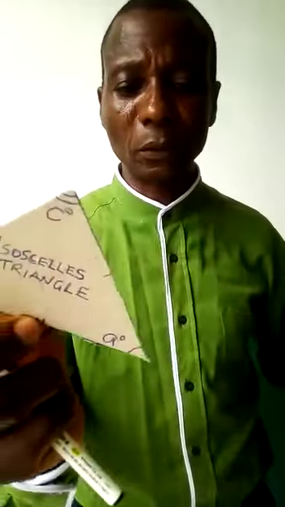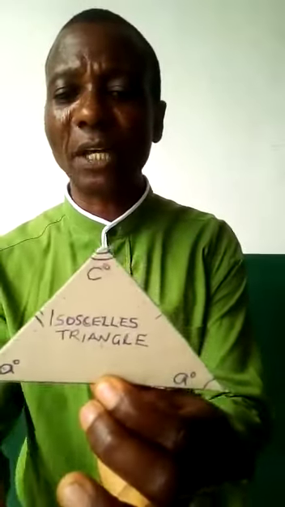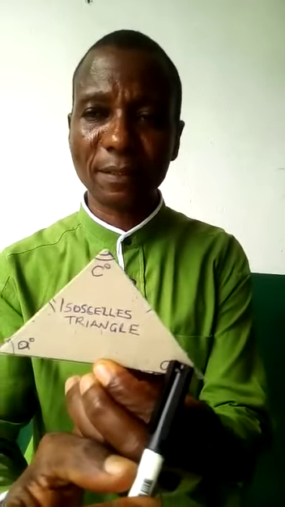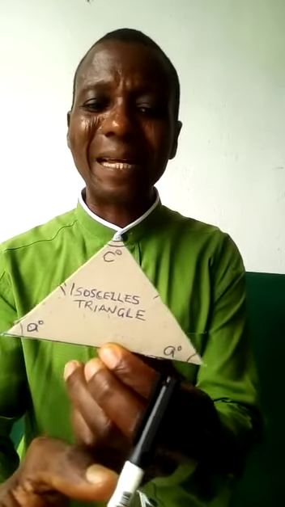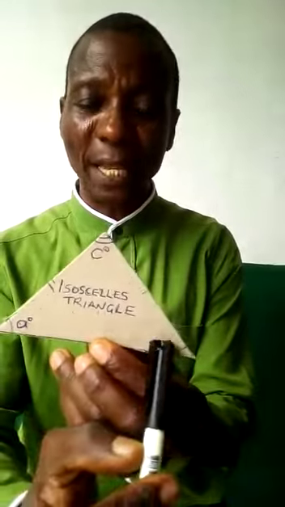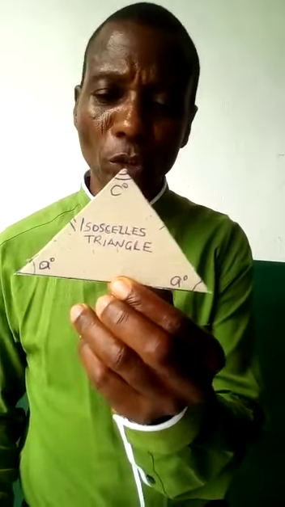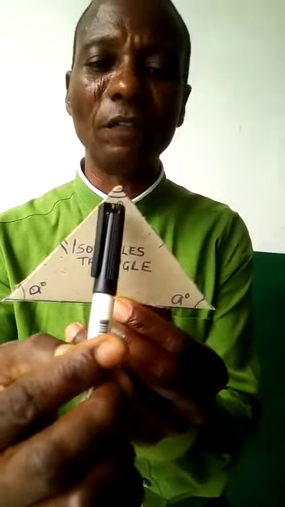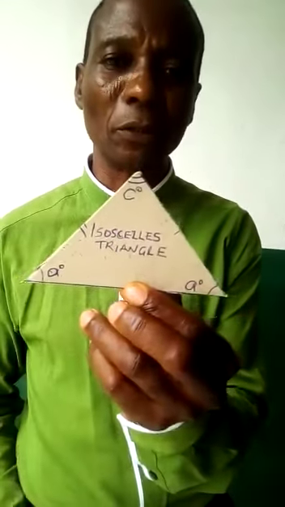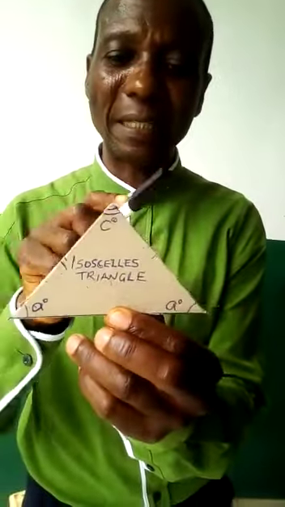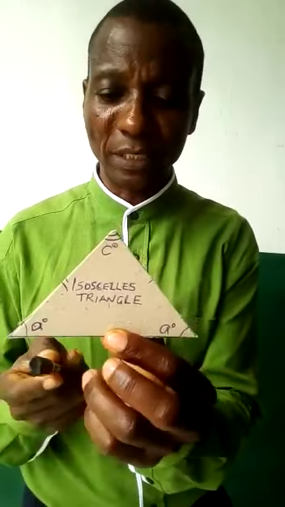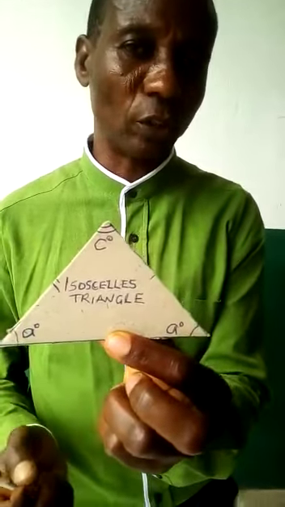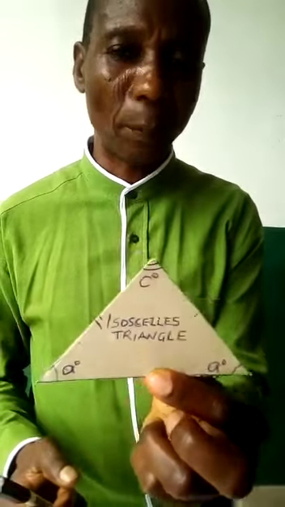The base angles are equal, this equals this. And when you sum this and this together and deduct it from 180 degrees, it will give you the third angle. So this side and this side are equal, but this side is not equal to the other two sides. That is the property of an isosceles triangle.